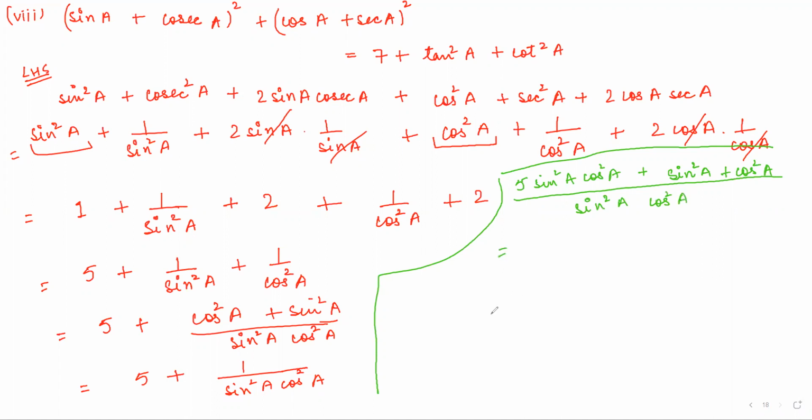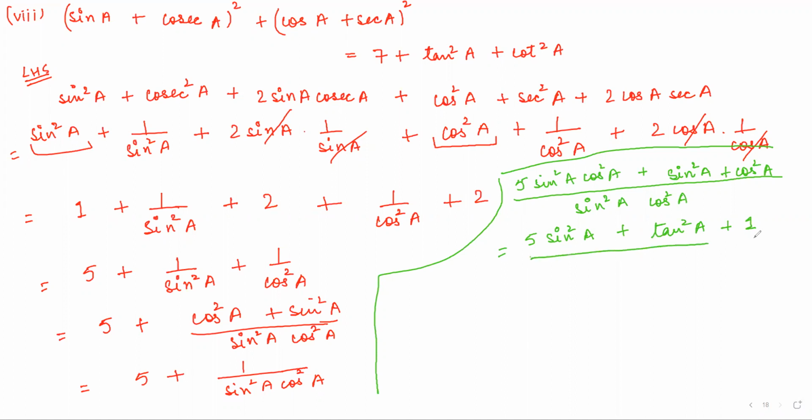Now, if I divide everything by, let's say, cos square A, I get 5 sin square A, and then plus sin square A divided by cos square A will give me tan square A plus 1. Okay.